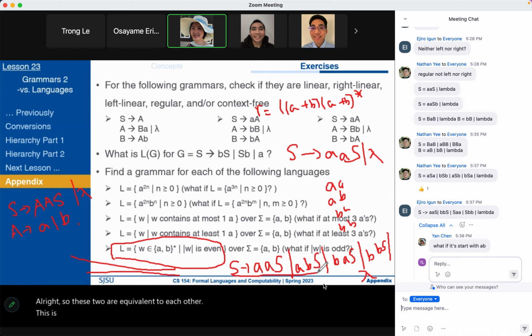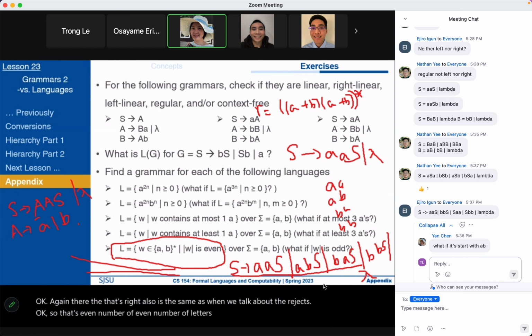This one just writes all possibilities, but this one just says each part can be either A or B, but they are the same. Again, the strategy is the same as when we talked about the regexes. So that's an even number of letters.